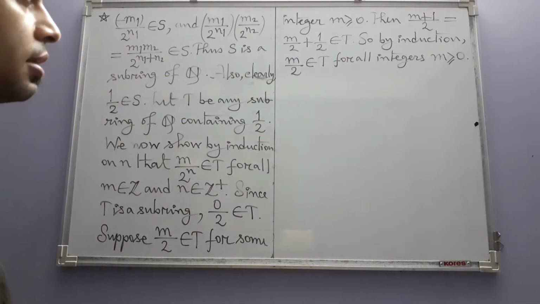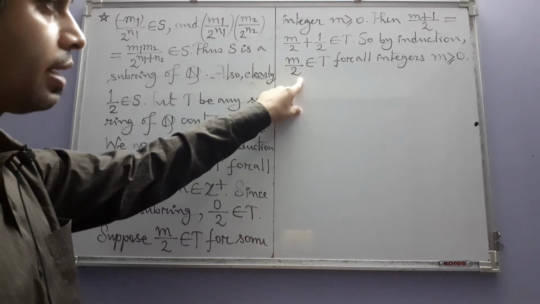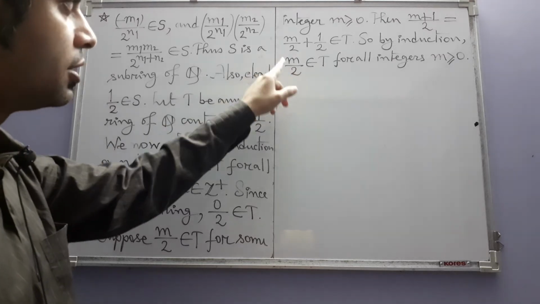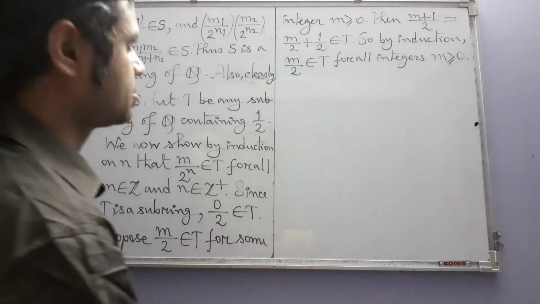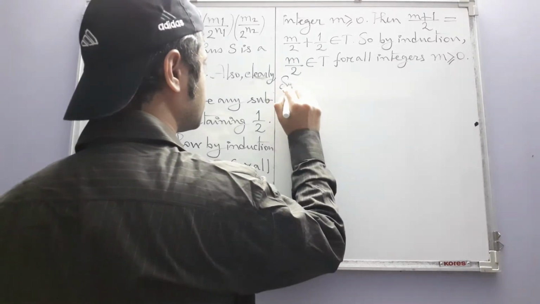But because t is a subring and t contains all these elements, t will also contain their negatives, their additive inverses.